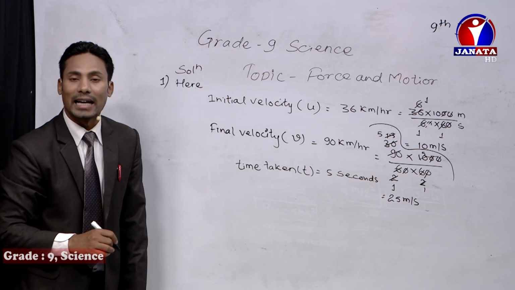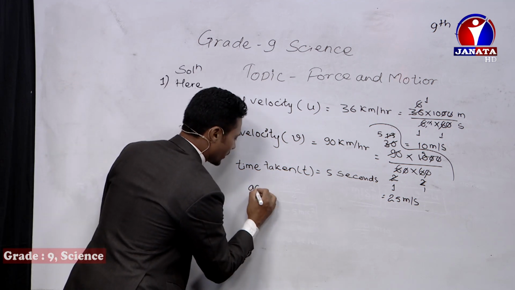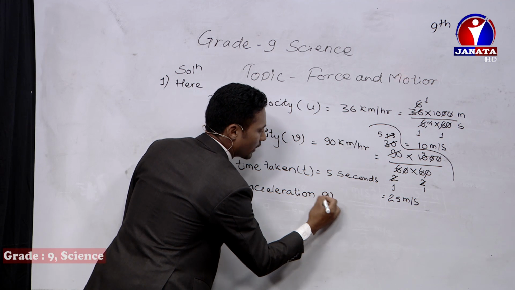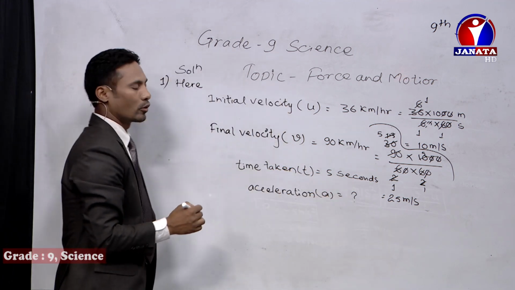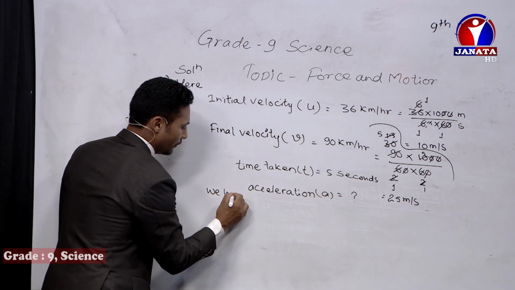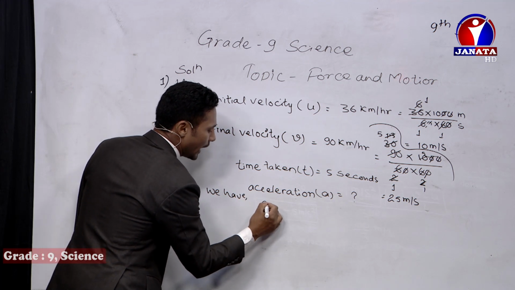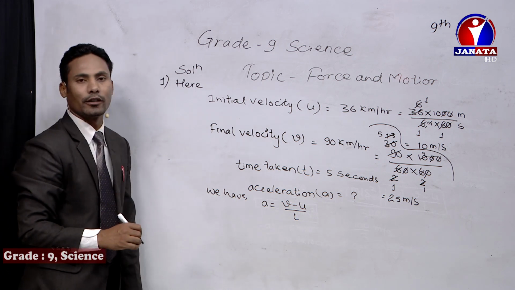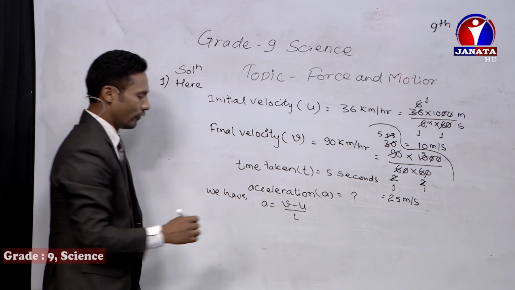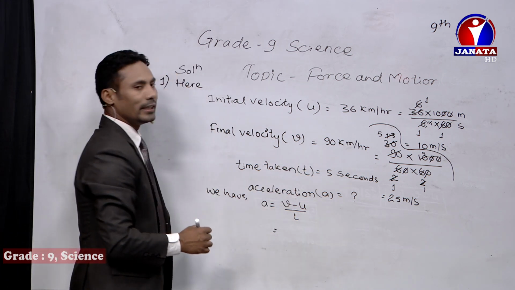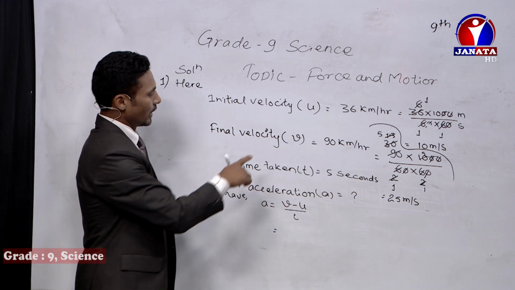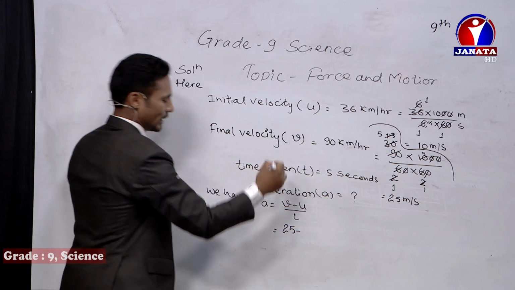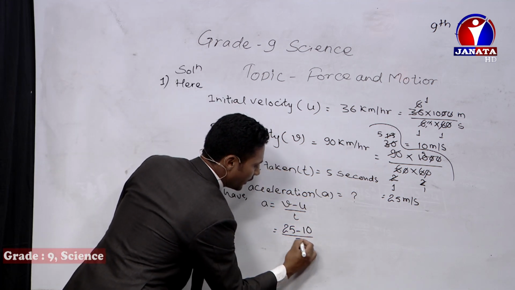We need to calculate the acceleration. So acceleration a equals what? What is the formula? We have the formula a equals v minus u divided by t. This is the formula for the acceleration. Let's put in the values from above. v is 25, and u is 10, divided by 5 seconds.